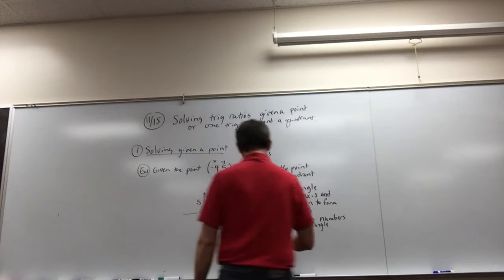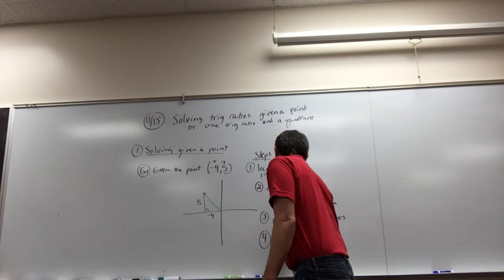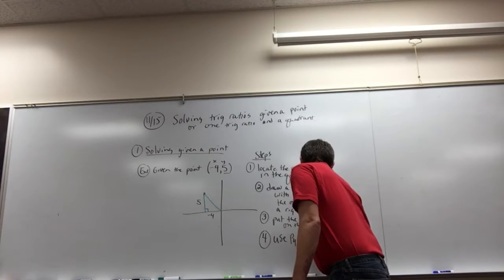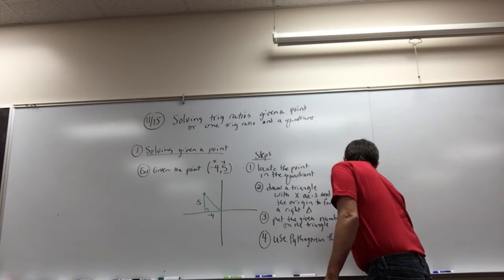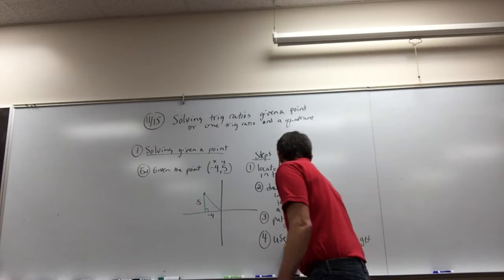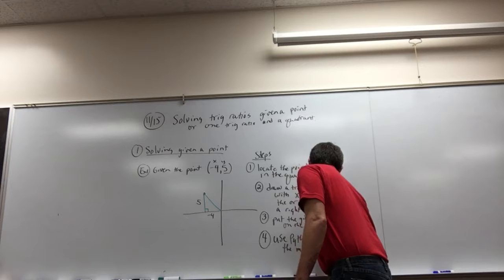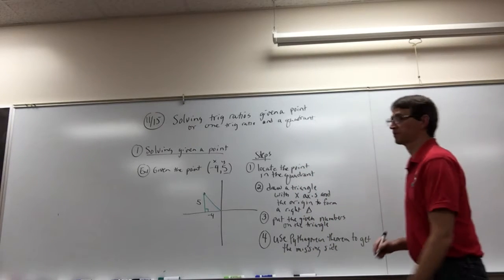And you're going to solve for the hypotenuse of the triangle by using Pythagorean's theorem. So this will find our missing side, just as what we did on Monday to find the missing side.